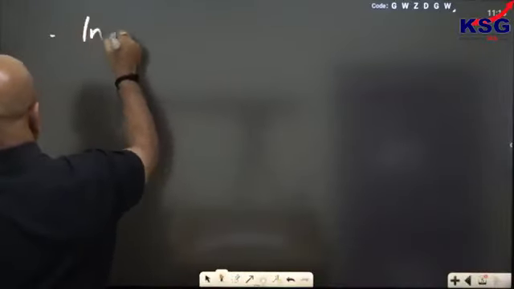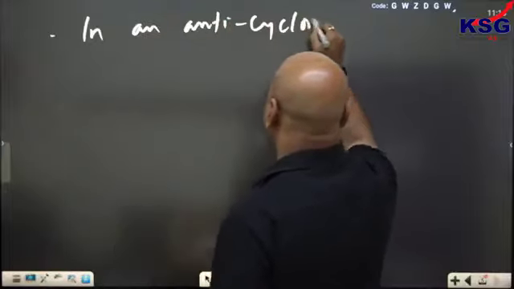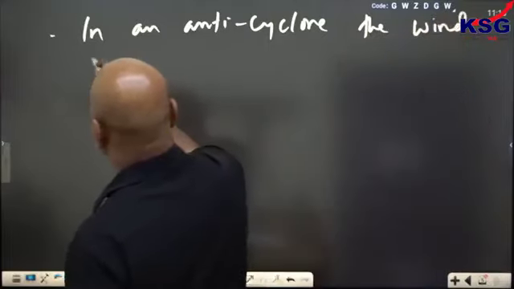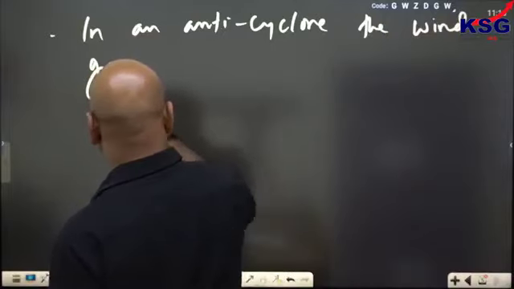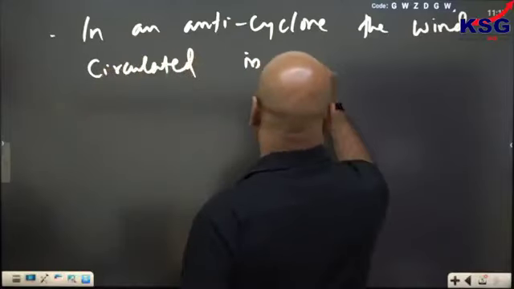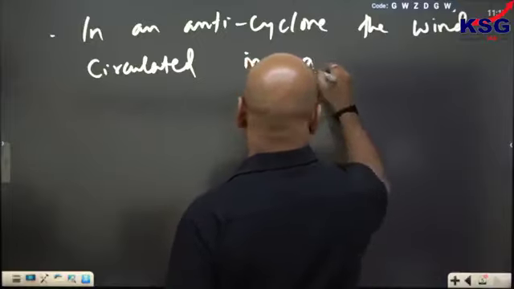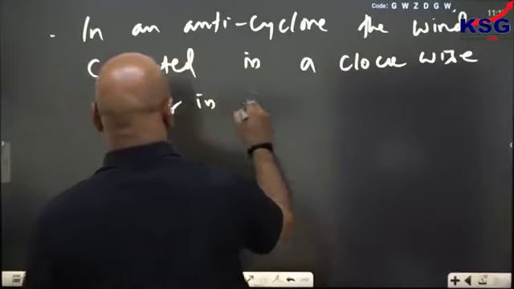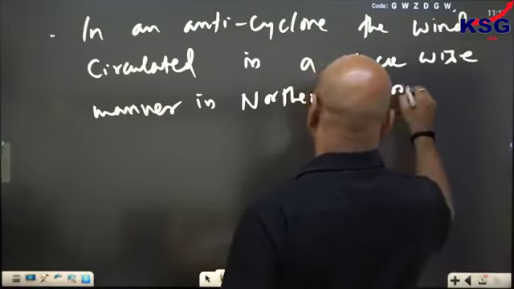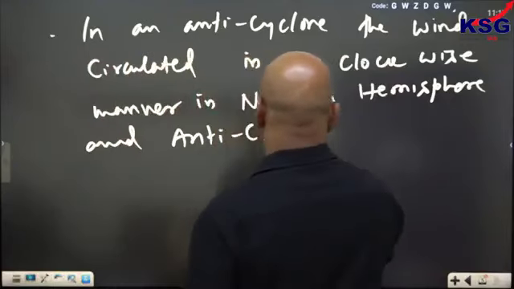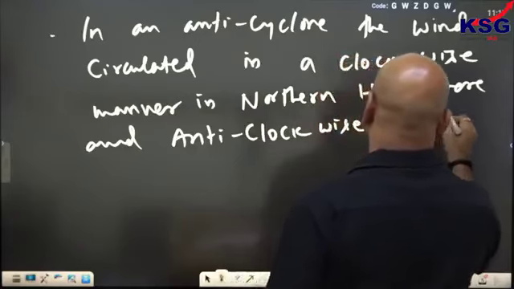Next point, in an anticyclone, the wind is generally circulated in a clockwise manner in the northern hemisphere and anti-clockwise in the southern hemisphere.